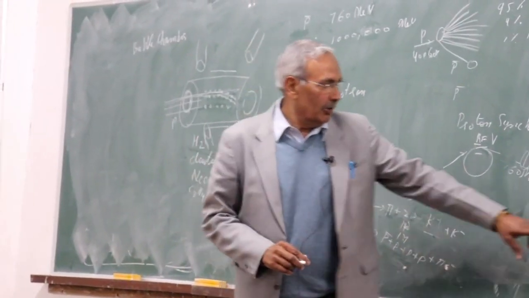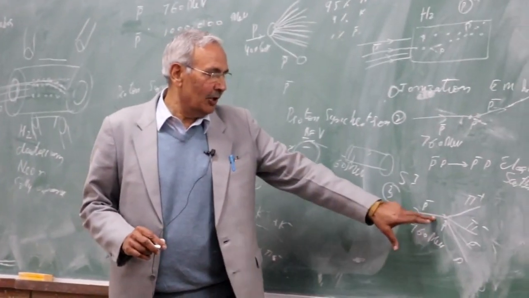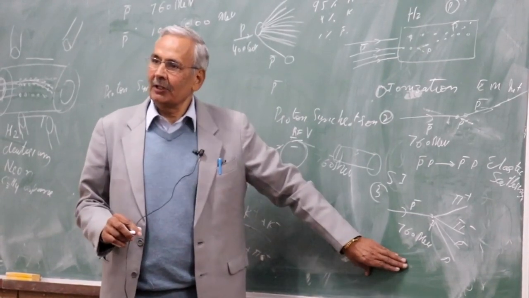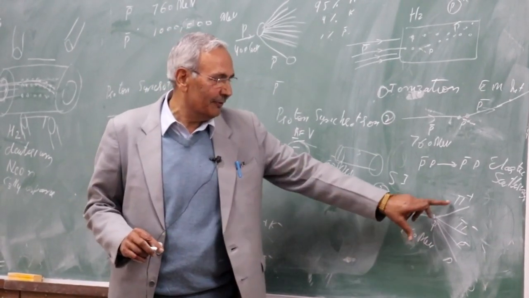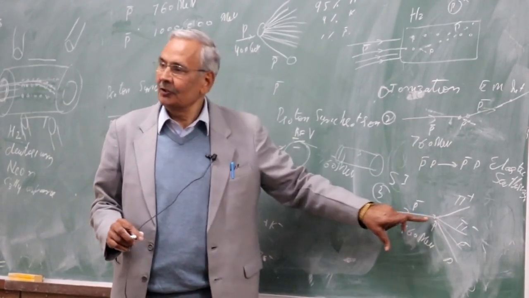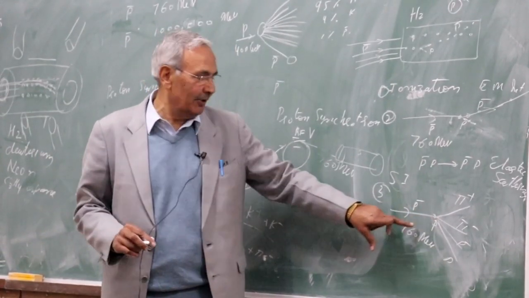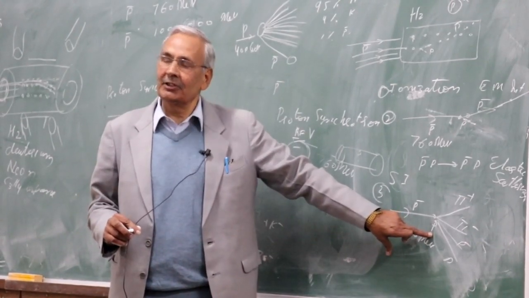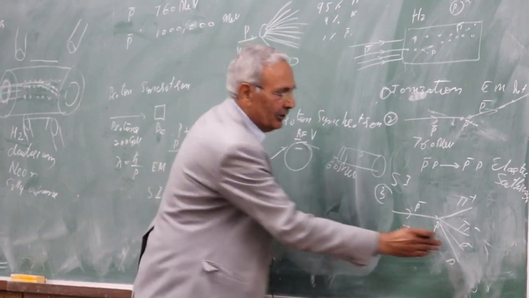If you want to have this proton, antiproton, that is also not possible. Okay? Because you can find out what is the center of mass energy. By calculating the center of mass energy, almost 50% energy is shared by this one, target, and 50 is this one, so almost 350 MeV of this one and 350 MeV of this one, almost, if you consider that one. So you cannot create this one.